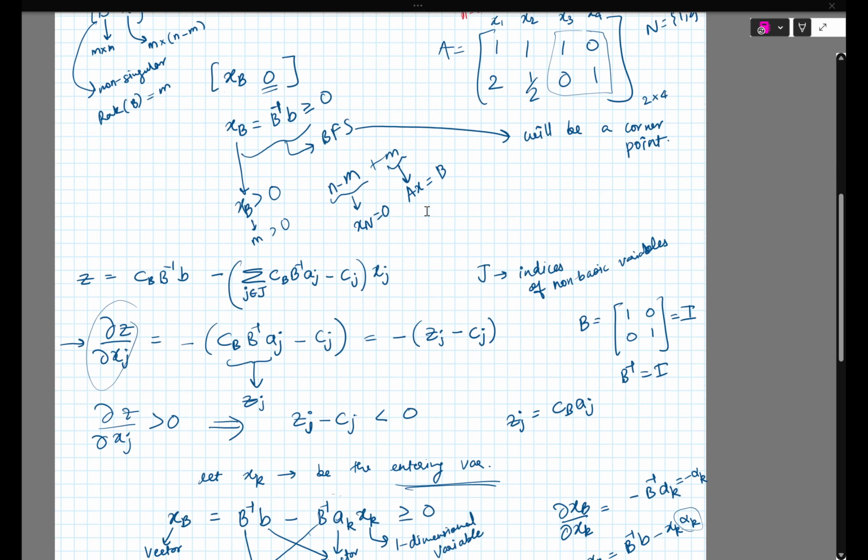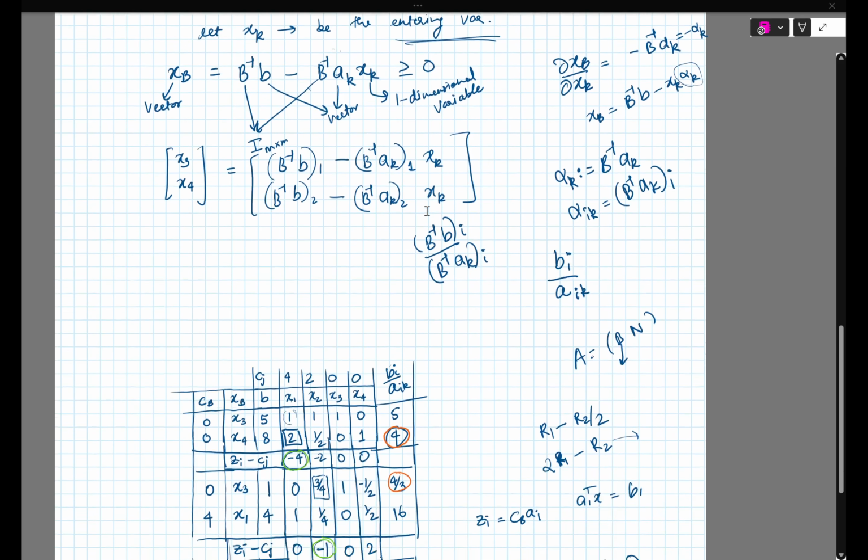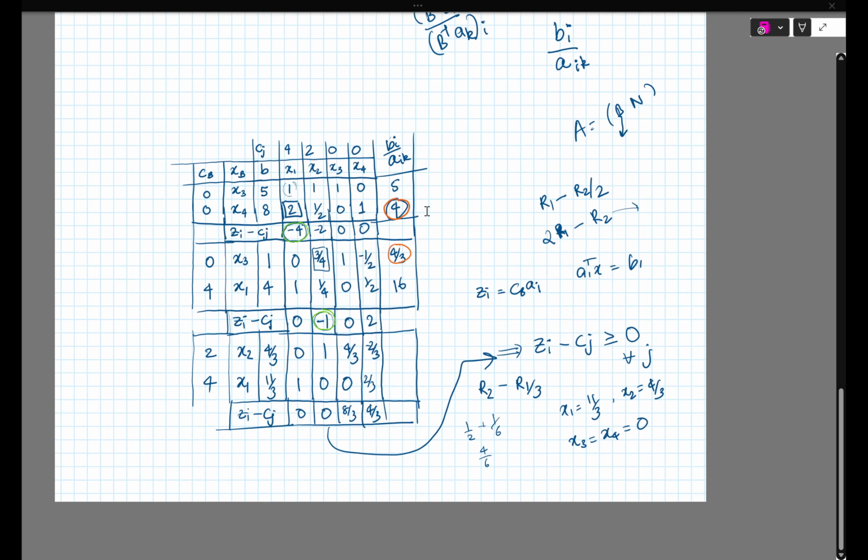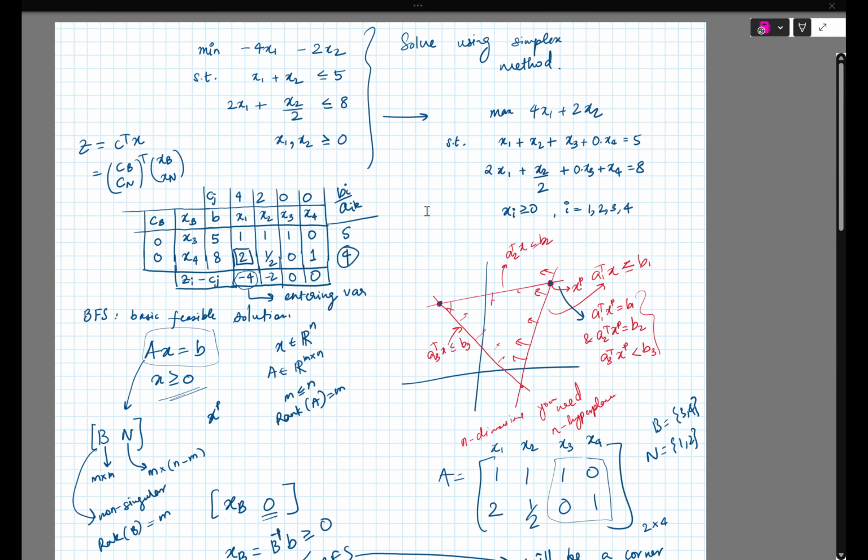So what we discussed was the simplex method basically, which you perform using this tableau method. You make this table. You put all these entries. You start with the feasible set of variables.